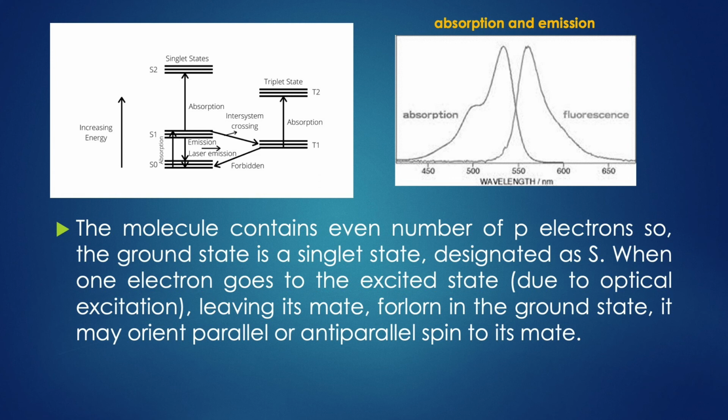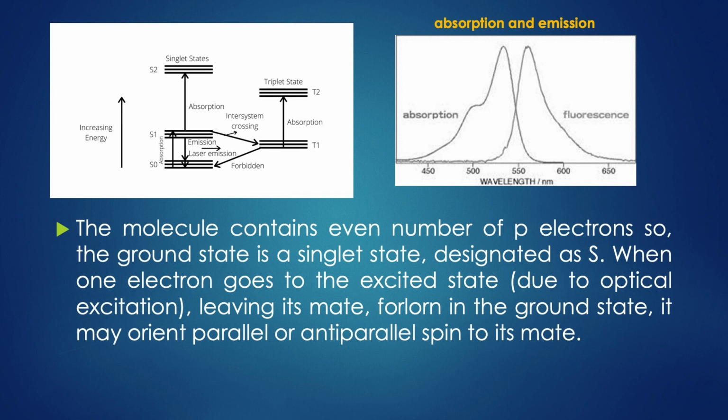Whereas in the triplet state, both have the same spin, half and half, so the total spin is 1. When we have a spin of 1, the multiplicity is 3; 2s plus 1 is the rule. The triplet state will have an energy slightly lower than the singlet state. This is the rule in molecular spectroscopy.